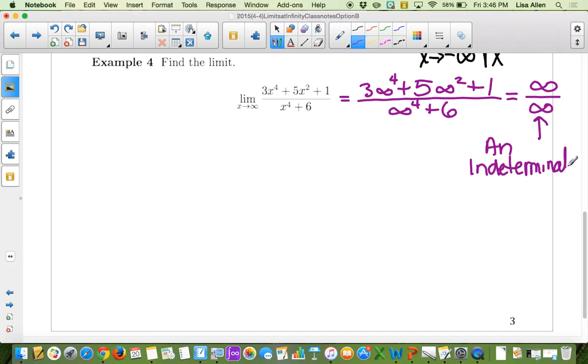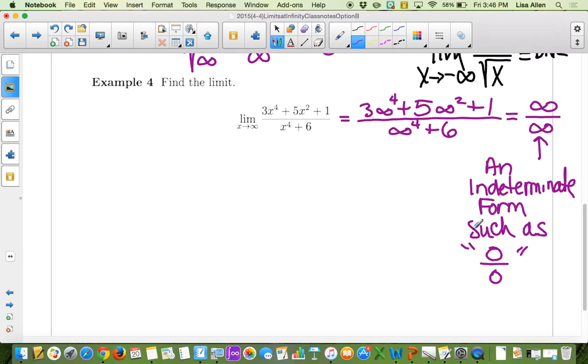So it's an indeterminate form, and you've come across these before, such as 0 divided by 0. And this came about in chapter 2, and what we did was we manipulated the expression. So that's exactly what we're going to do, but we have a different manipulation for this particular one.